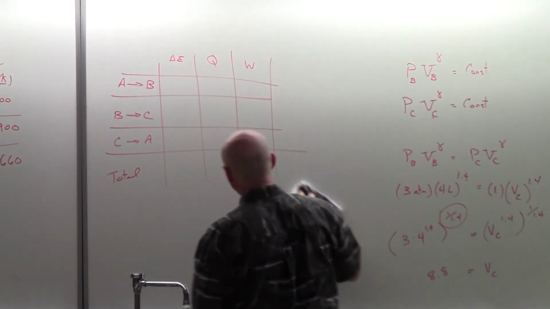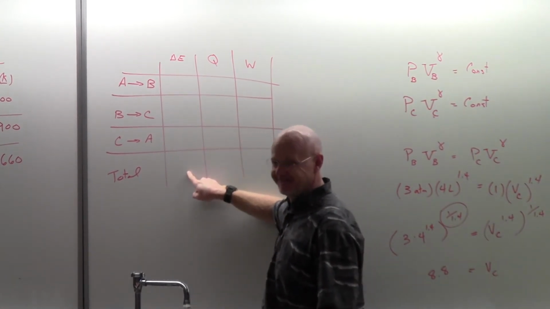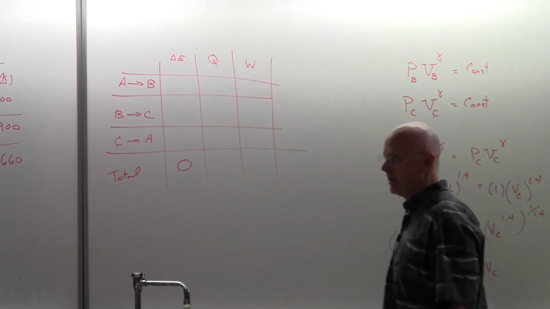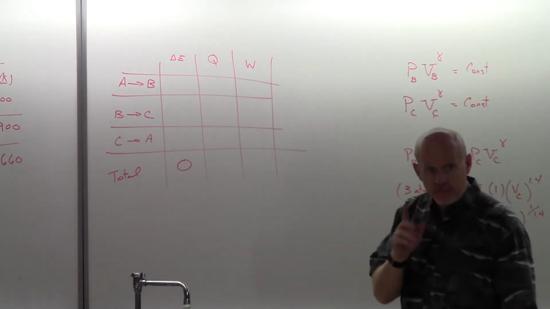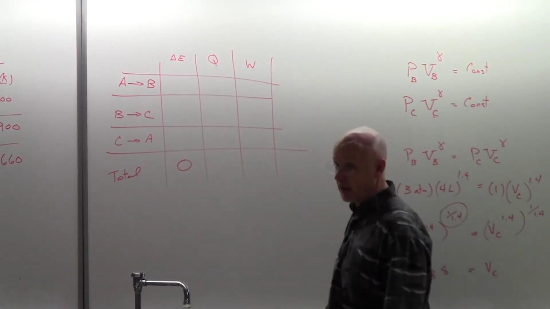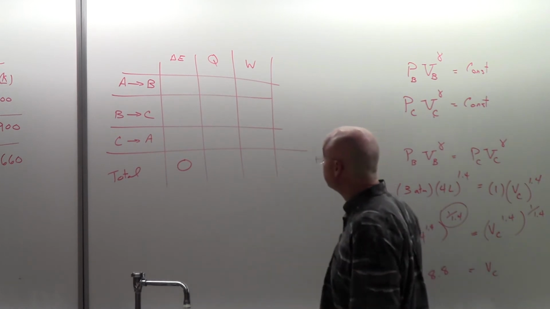I will start with what I hope is the easiest one on this chart. What's this? 0. Yeah. So the total better come out to be 0 for the total change of internal energy. And keeping in mind the first law of thermodynamics, if you know any two on here, you also know the third. So I am halfway done in finishing this row. Right?